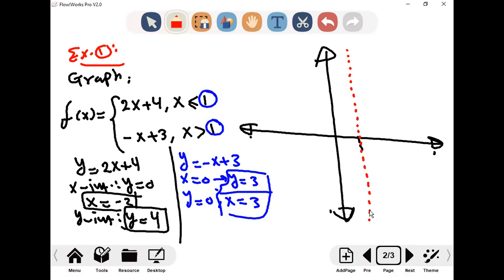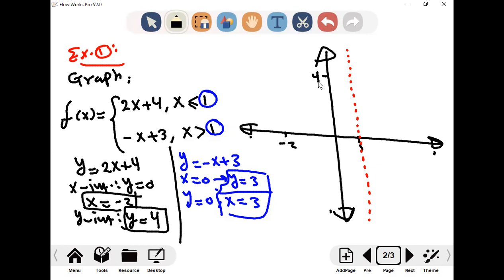Check. So I will go to the first one, 2x plus 4. What's the intercept for it? Negative 2 for x, and y is 4. I will graph, but I want it not beyond 1 to the right, right?